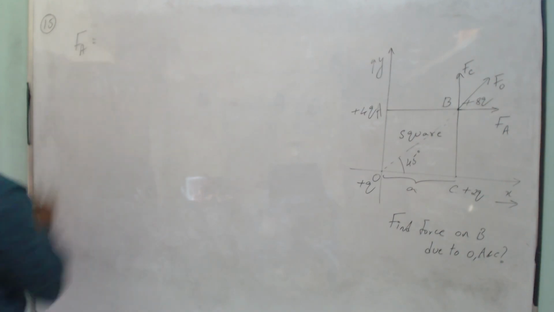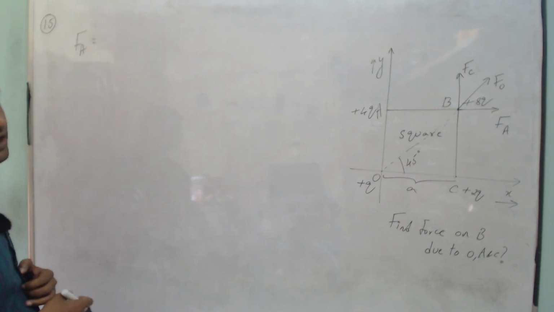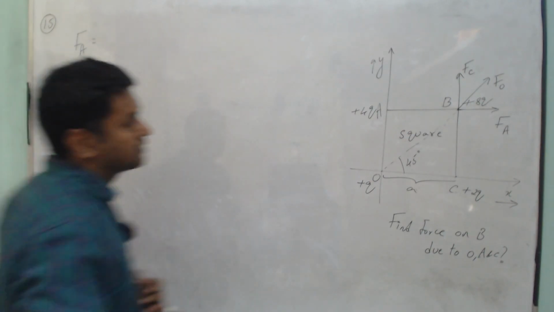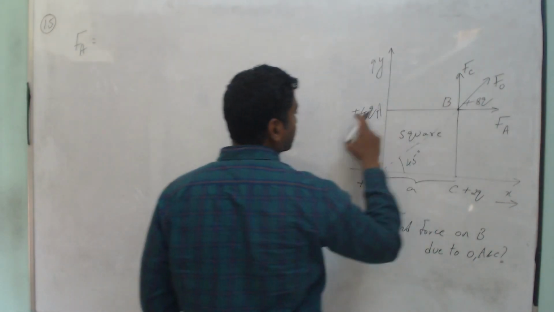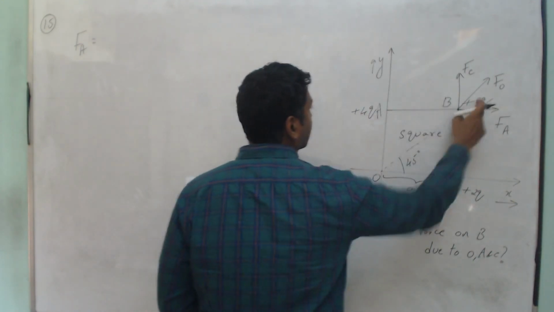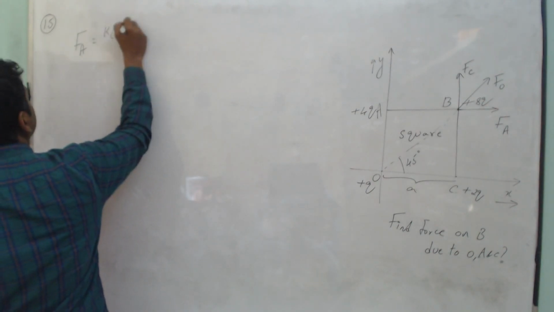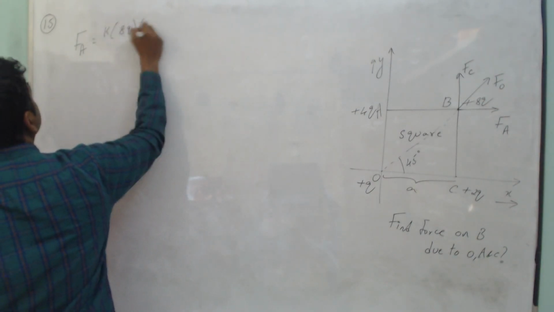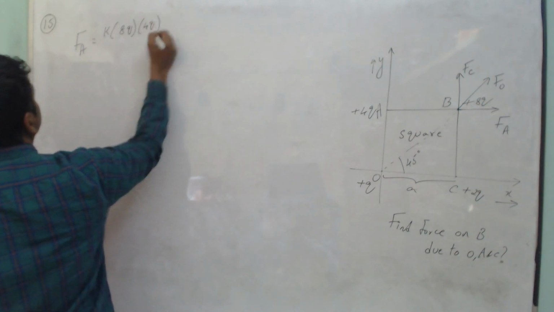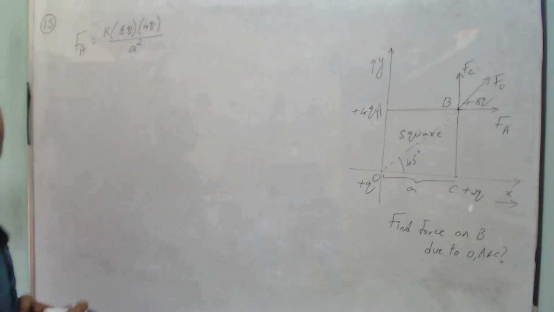So FA will be K Q1 Q2 divided by R square. 8 fours are 32. This is FA.